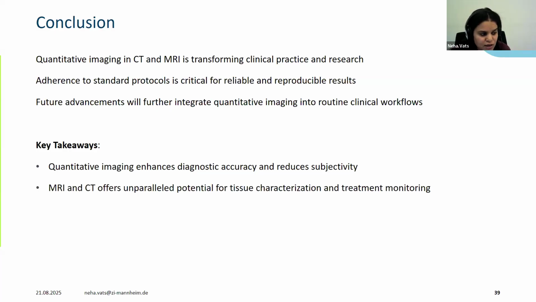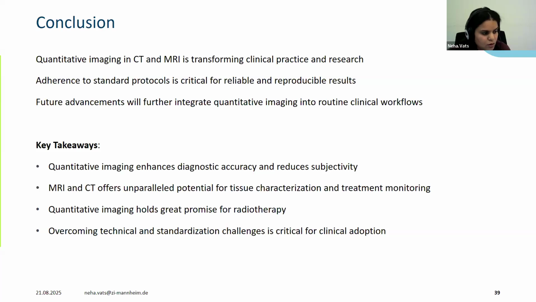MRI and CT offer unparalleled potential for tissue characterization and treatment monitoring, and we see that on an everyday basis. Quantitative imaging holds great promise for radiotherapy. Overcoming the technical and standardization challenges associated with quantitative imaging is critical for clinical adoption.